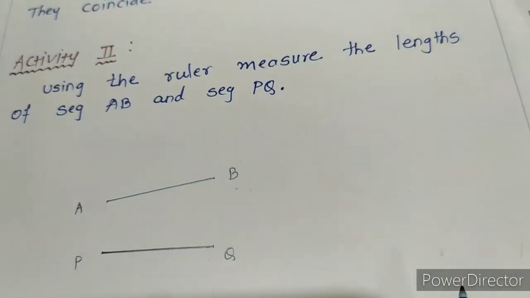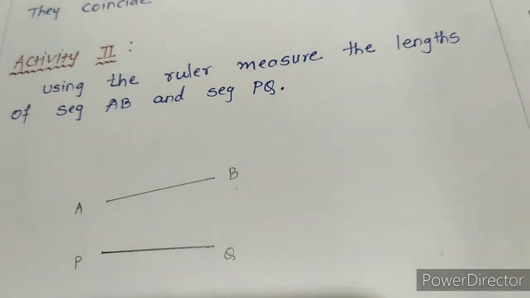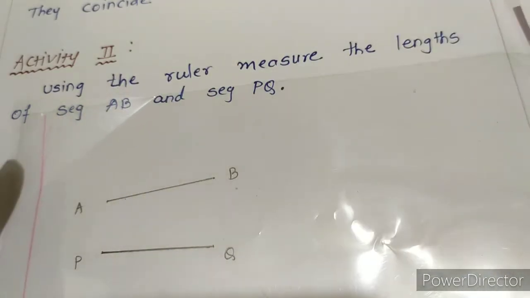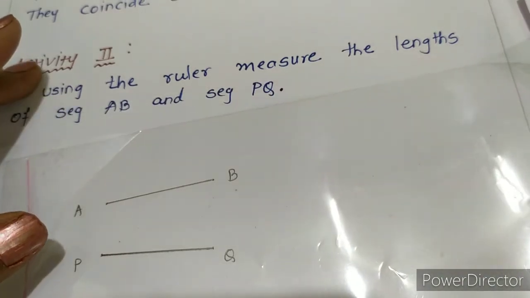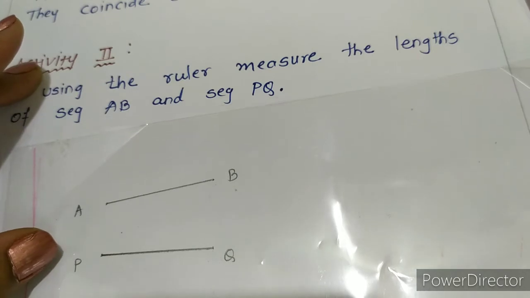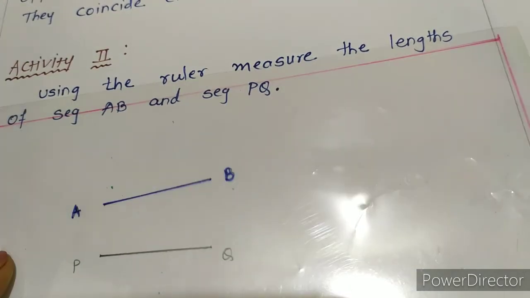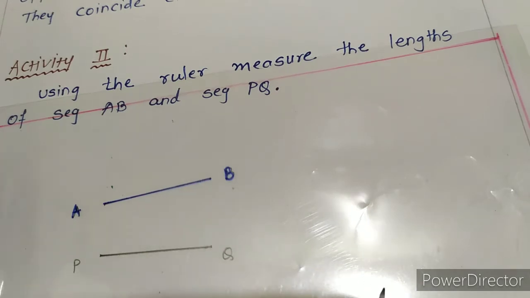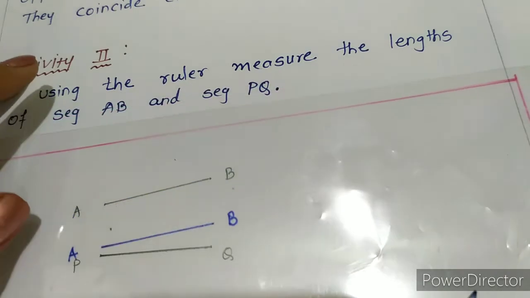Now we cannot pick up and place one segment over the other, so for this we will use tracing. Trace the segment AB along with the names of the points on a sheet of transparent paper. I am using this transparent sheet. Place this new segment on PQ.